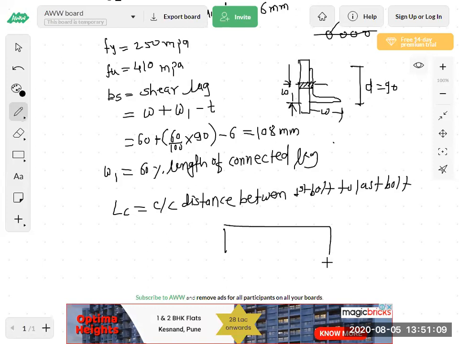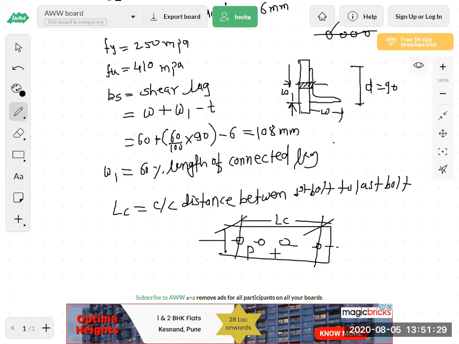Now how many bolts are there? They have given 4 bolts. So the center to center distance between the first bolt and the last bolt is LC.